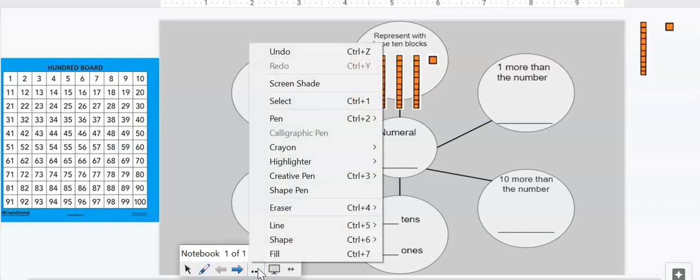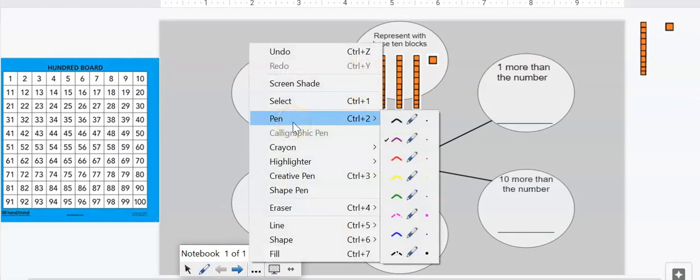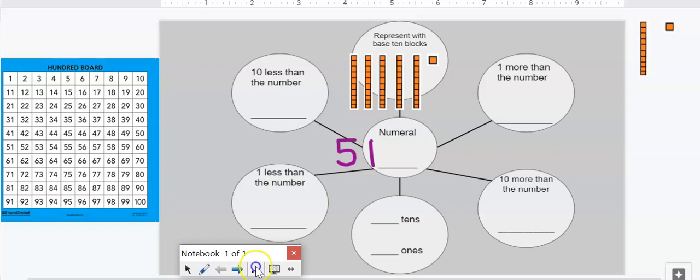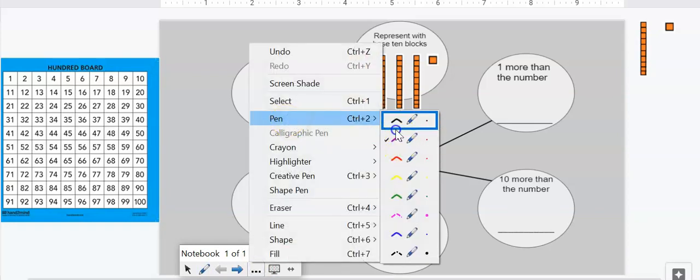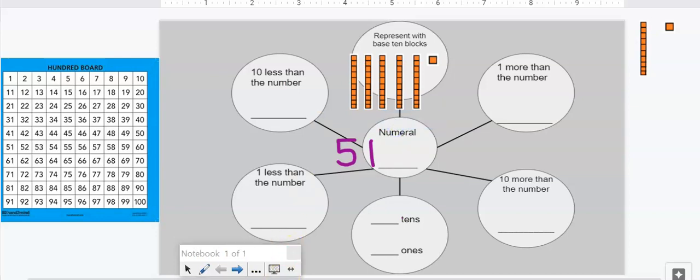So let's look at our 100 board. Can you find 51 on the 100 board? Do you see it? Okay, there's 51.